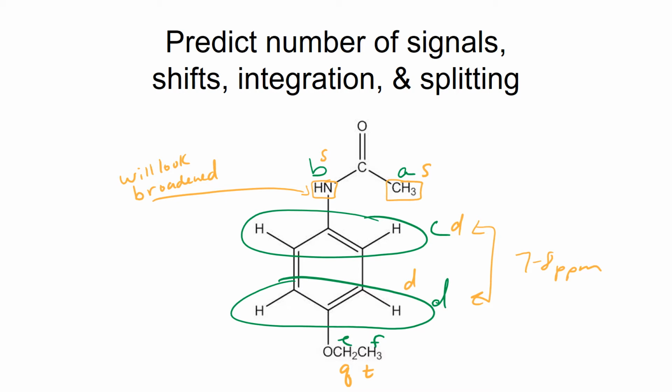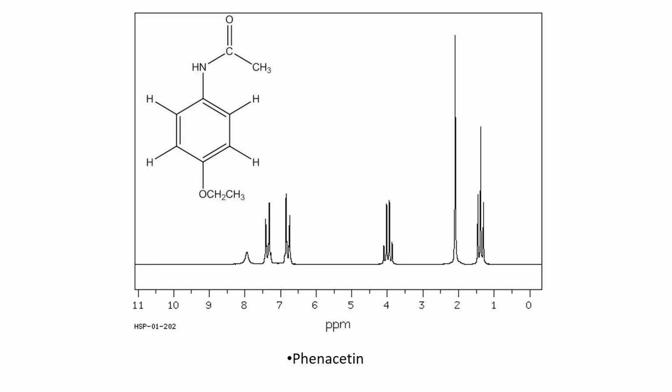So let's take a look at the next slide. And here is the spectrum. As I mentioned, here's that broadened out NH. Here are the two doublets that belong to the aromatics. Here's the quartet triplet splitting pattern of the ethyl group.